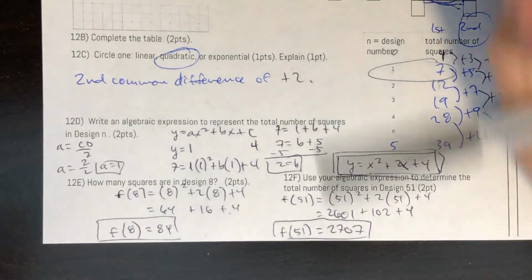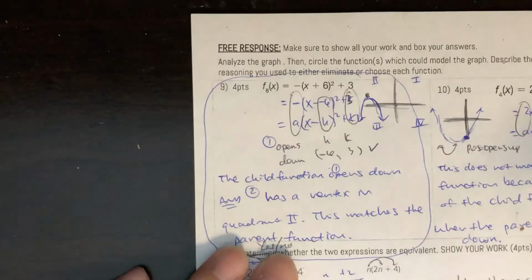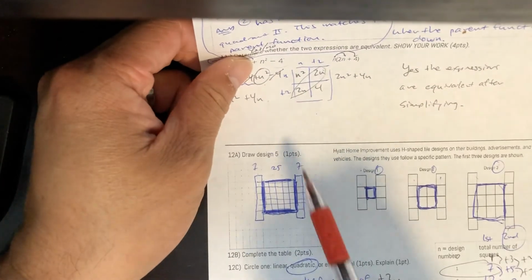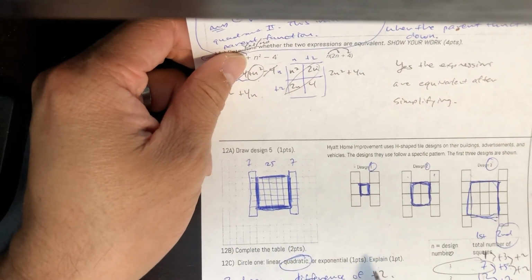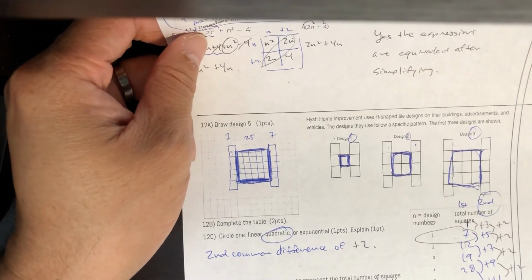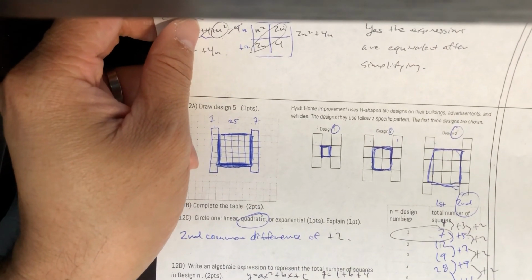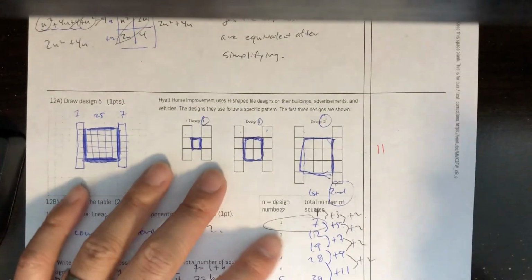Let's count the points. 4, 4, so this is 8. Got 1, 3, 5, 7, 9, 11. So 8 plus 11 gives me 19.